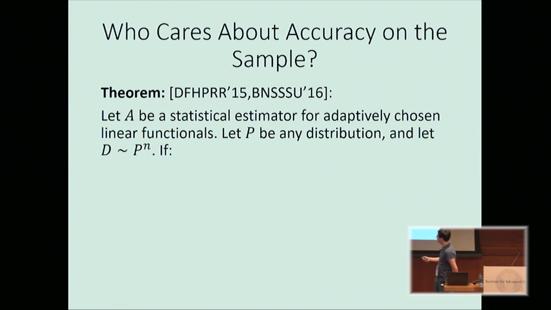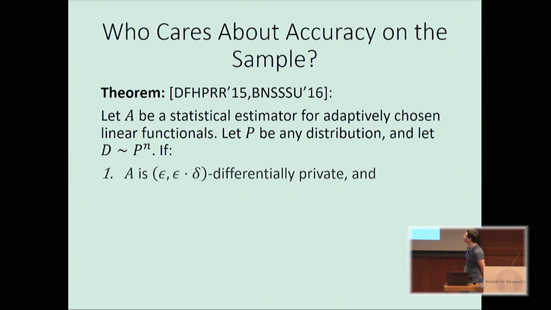Okay, so let me say that a little more precisely. Suppose A is a statistical estimator for adaptively chosen linear functionals. And let's let P be any distribution over the data universe. Okay? Now suppose we've got a data set that is drawn IID from P. The data set consists of n IID draws from this distribution.